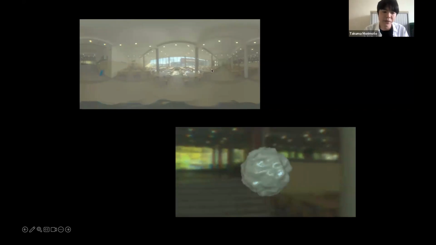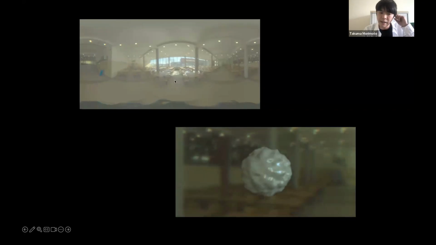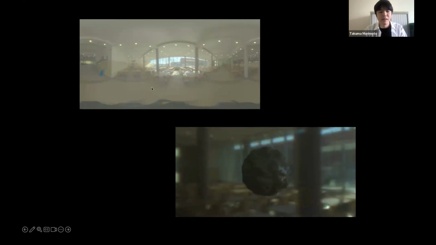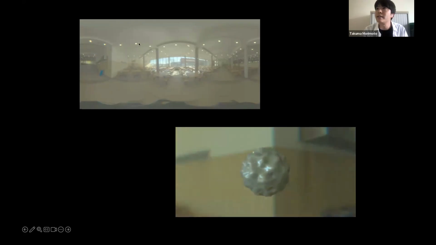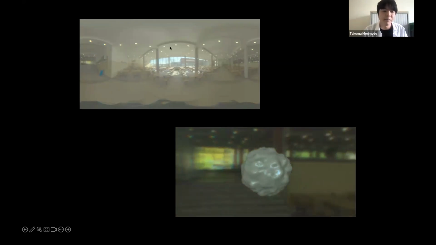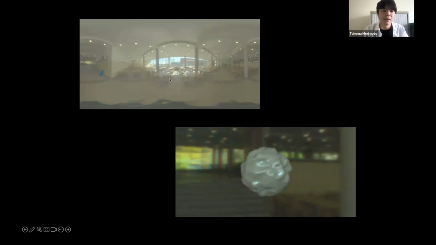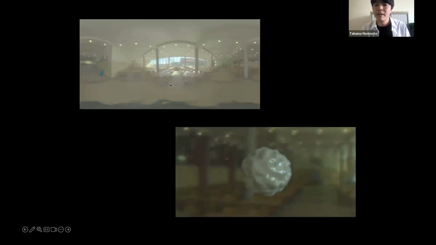I'm going to show you the example spectra later, but in this environment, the spectra you encounter are basically a mixture of the fluorescent lights placed on the ceiling and the daylight coming from the window.